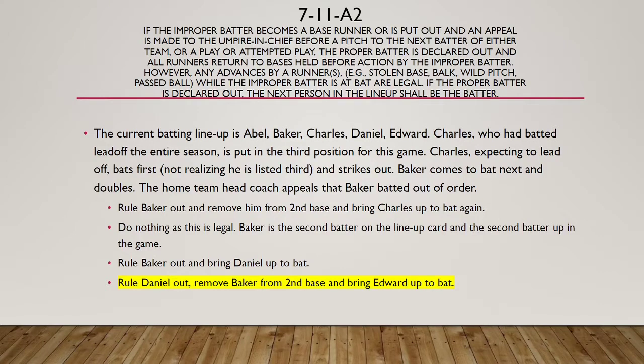The home team head coach appeals that Baker batted out of order. The correct answer to this question is to rule Daniel out, remove Baker from second base, and bring Edward up to bat. This is, of course, the batting out of order rule, which in the college rulebook is Rule 7-11-A2. And you can pause the video and read up top for that.